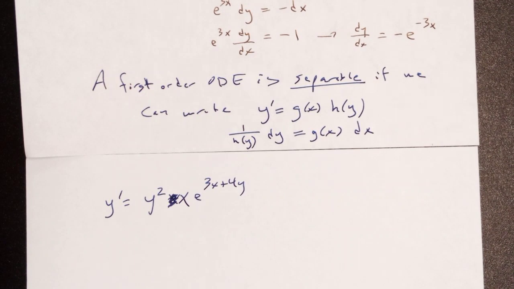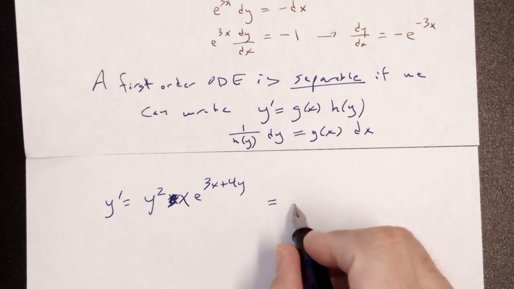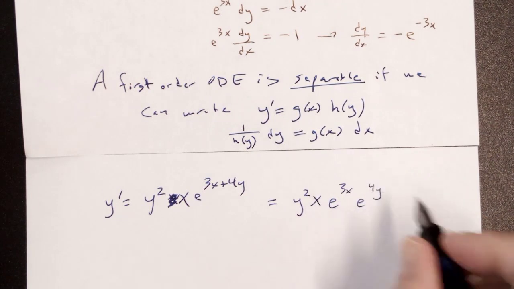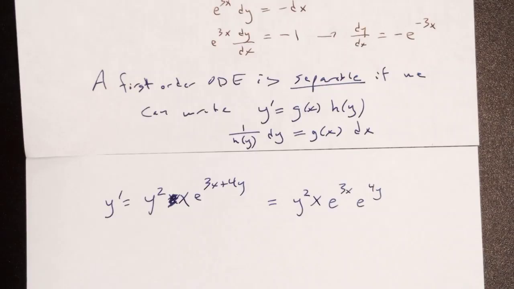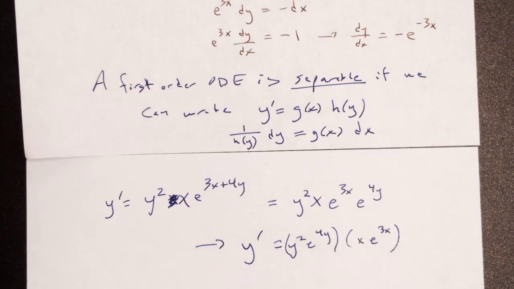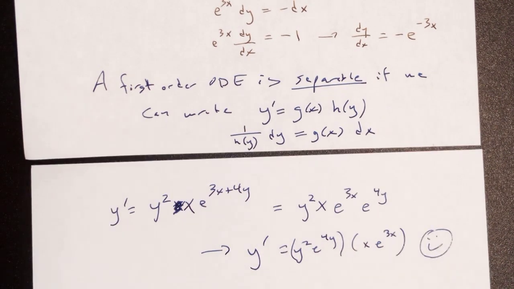How? e to the 3x times e to the 4y. There's my messy algebra. When you're adding powers, you're multiplying with the same base. And now I've got a thing in y times a thing in x. So yes, that's separable.